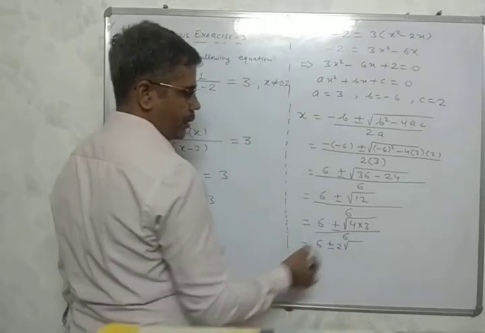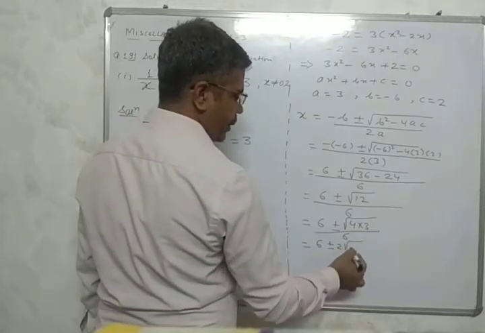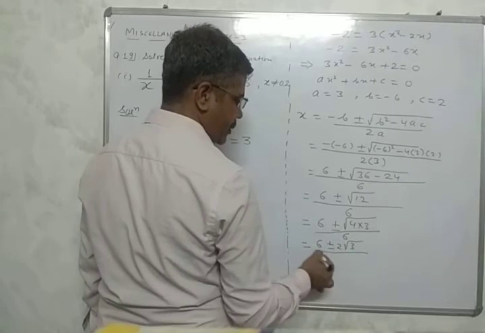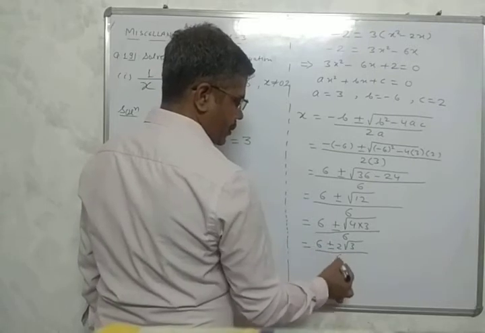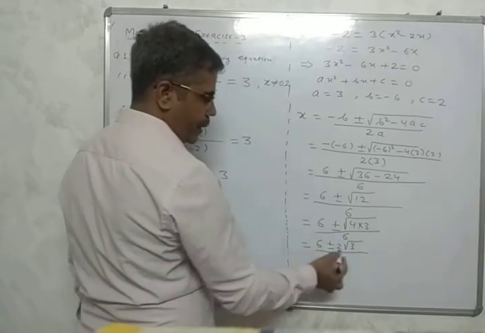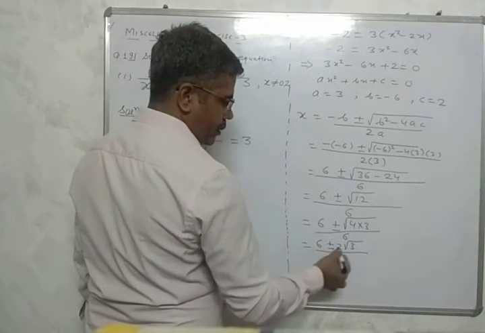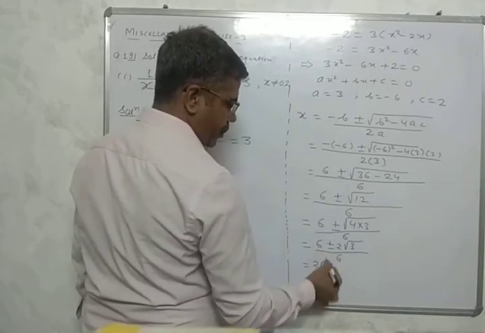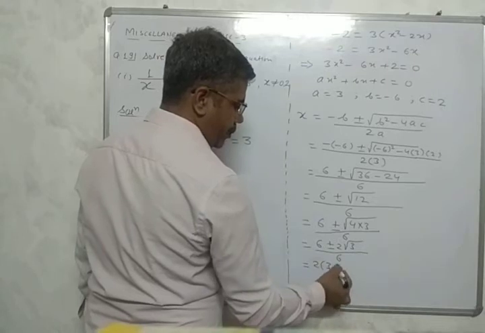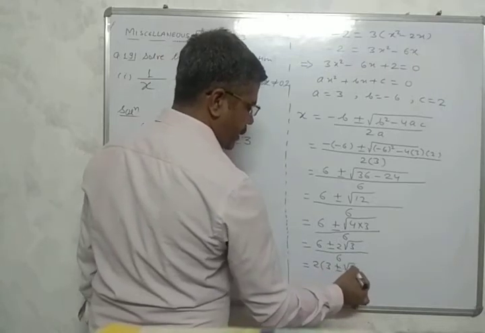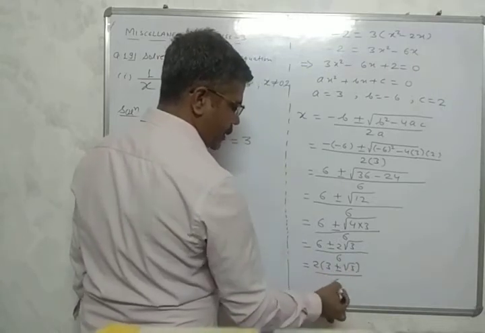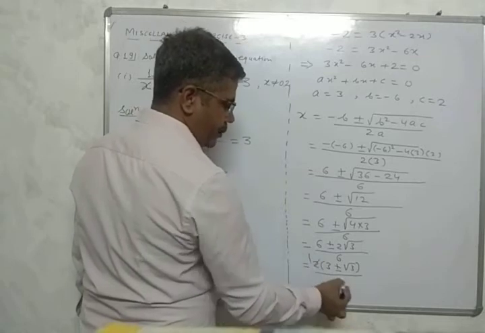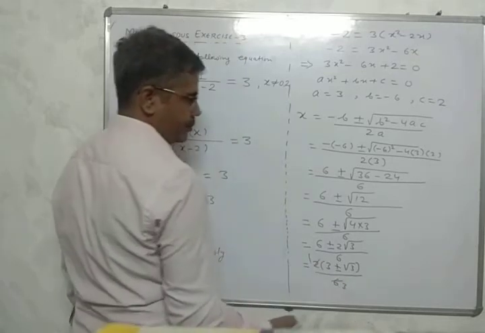So we write in form of 2 into root 3. If we take 2 common from numerator, 3 plus minus root 3 upon 6. 2 1s are 2, 2 3s are 6.